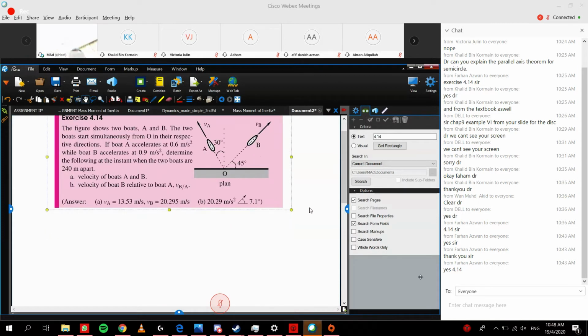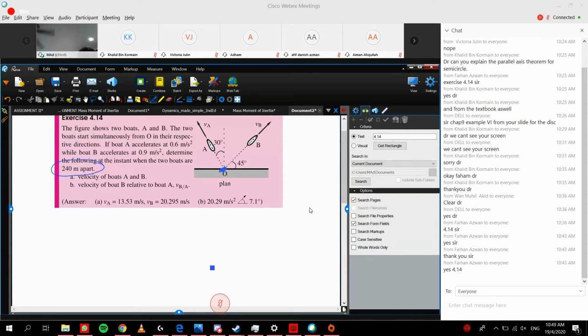Okay, if you look at the question, it tells you that both boats start from O. Then it asks you to find the position of the boats when they are 240 meters apart.